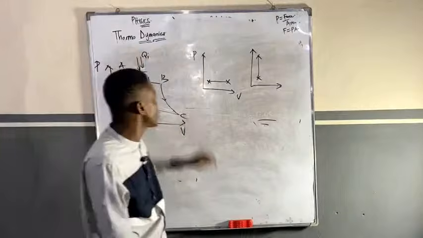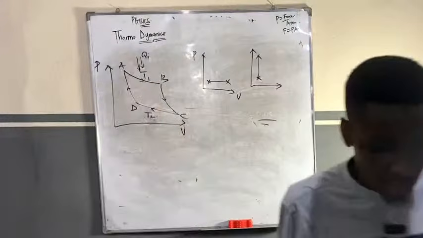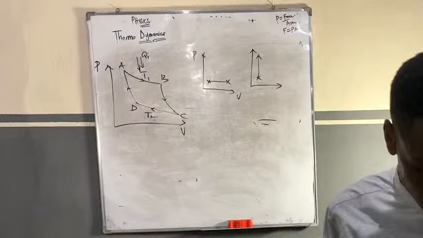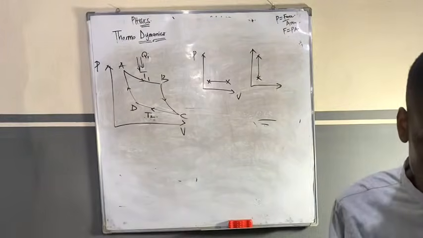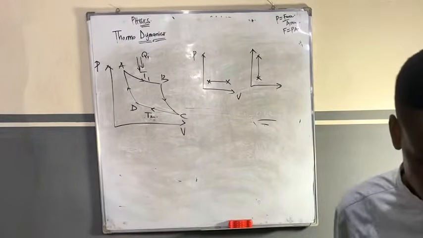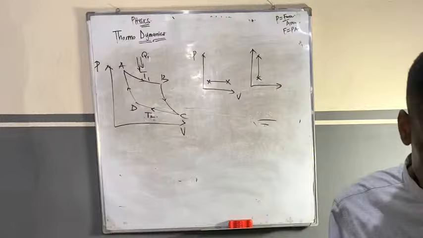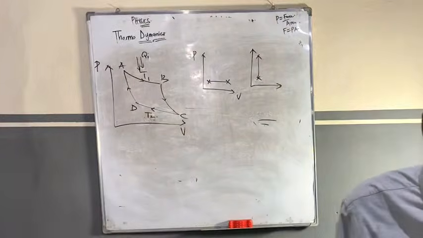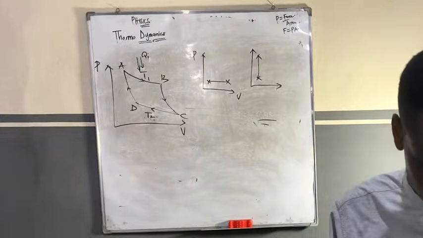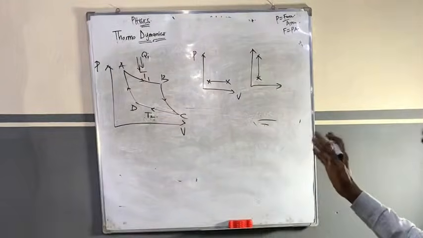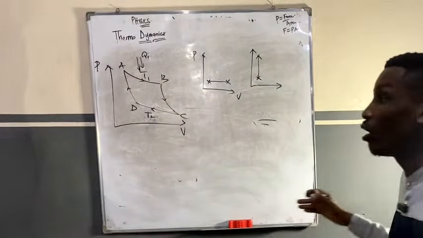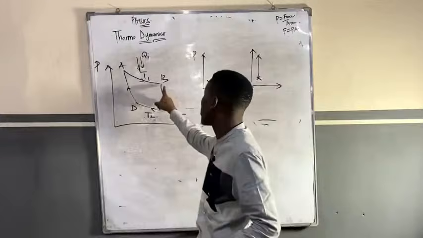Now the next place, which is between B and C. Between B and C, that's adiabatic expansion. Between B and C, it expands when no heat is taken in. So at that instance, when it is expanding when no heat is taken in, from what we have learned, how is it able to expand?